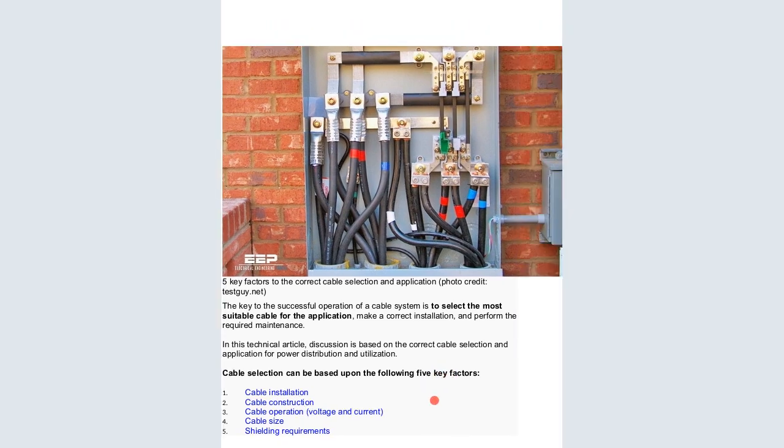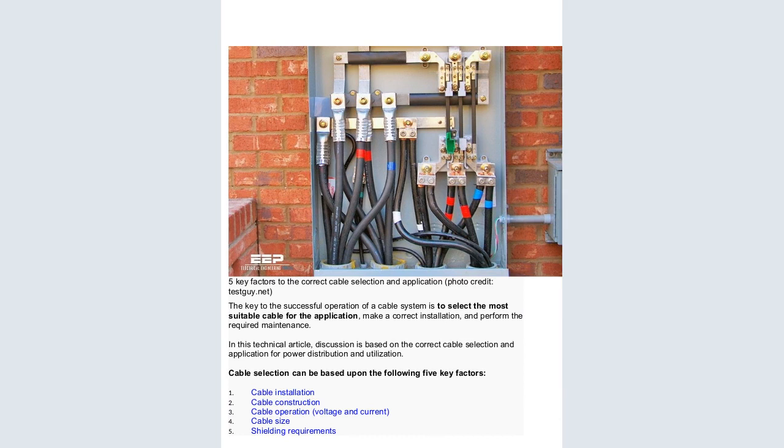You can now look at this picture. You can see terminations. Depending on where the cable is going to be used, for you to select the correct cable, you have to know how you're going to terminate your cable.